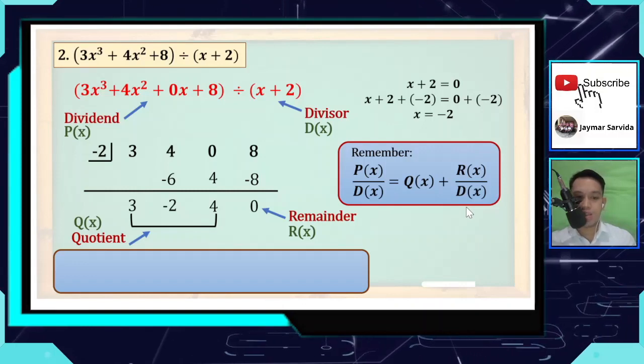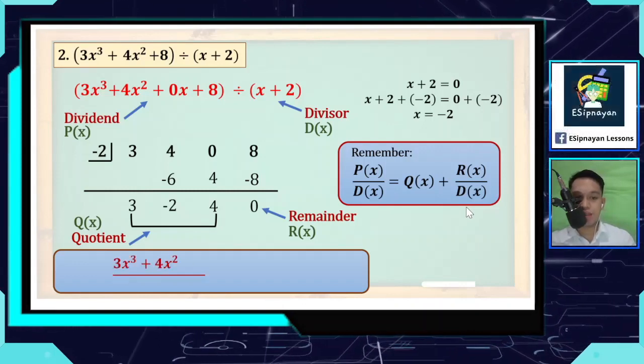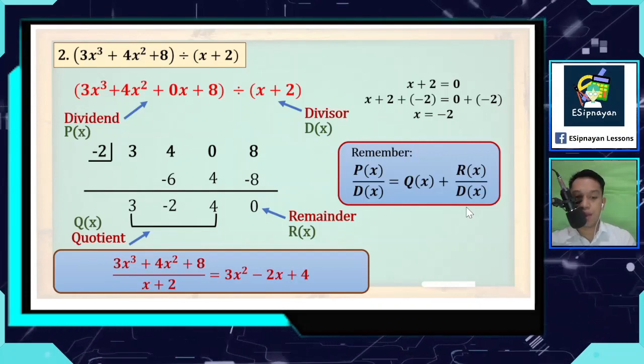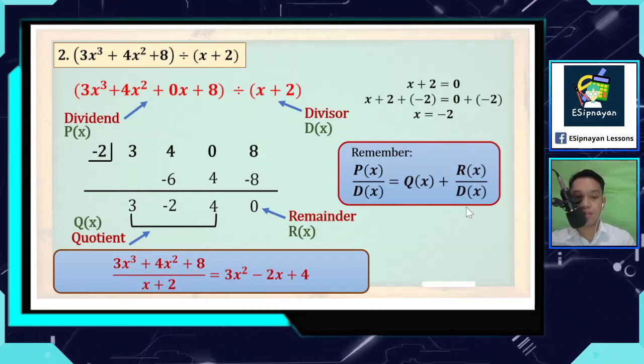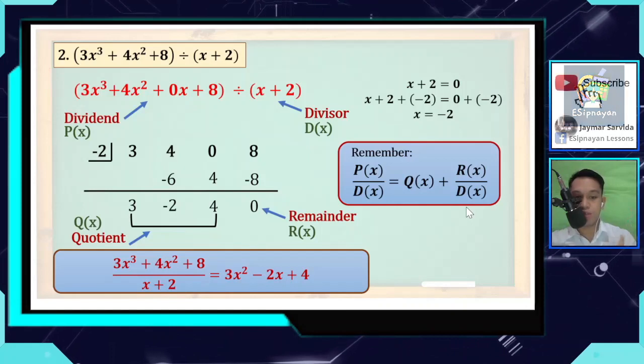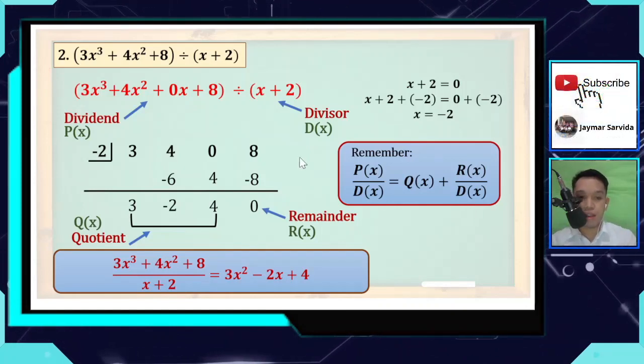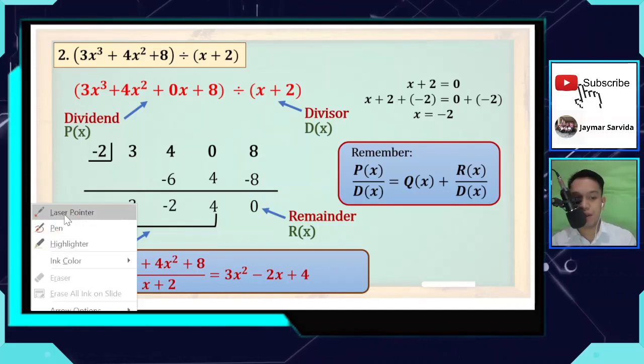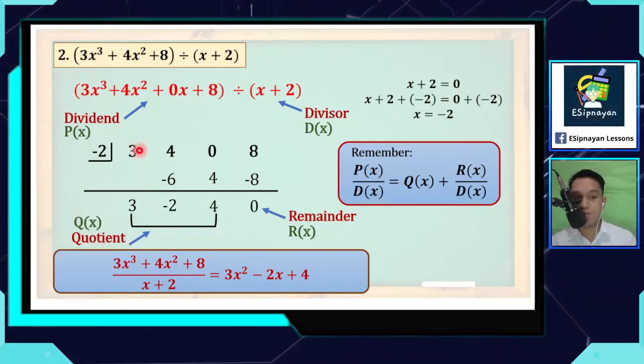Ayan. So, P of x is 3x cubed plus 4x squared plus 8 all over x plus 2 equals yung ating quotient which is 3x squared. Okay, di ba yung ating dividend ay cube? So mag-minus 1 ka lang sa ating power dito sa ating quotient. So kung ito cube, ito magiging x squared na.